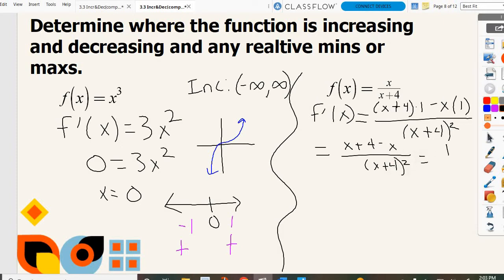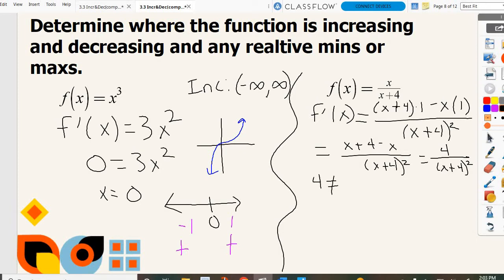4. Okay. Now remind me, what are the two different spots that we can have critical points? Undefined and 0. Where it's undefined or where it equals 0. So if I have a fraction, when will it equal 0? When the top is 0. Well, can my top be 0?